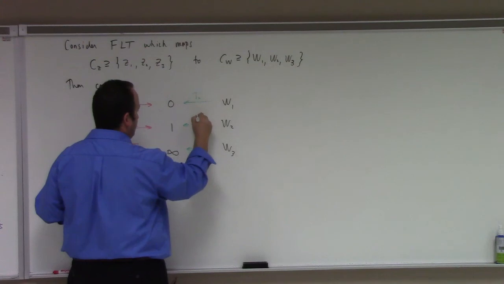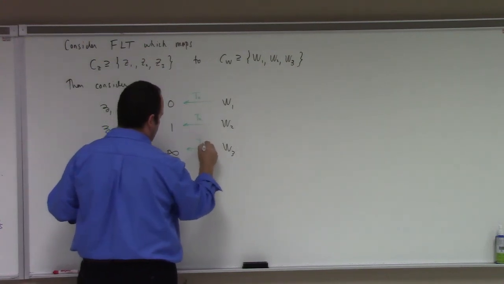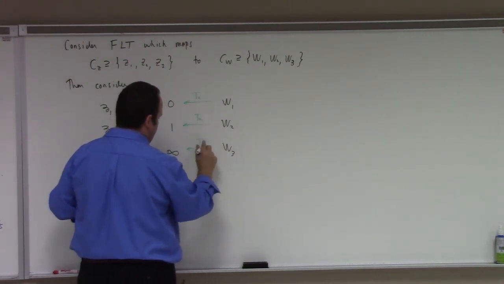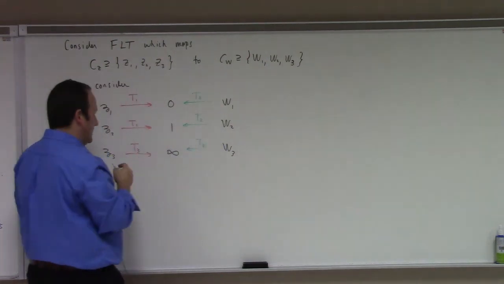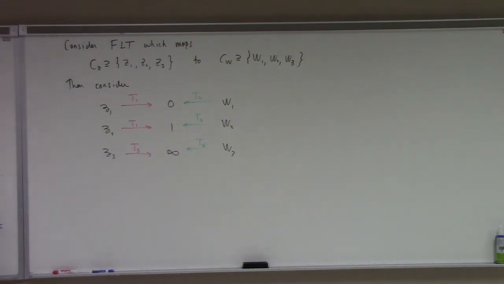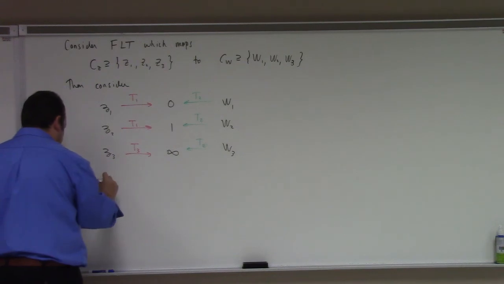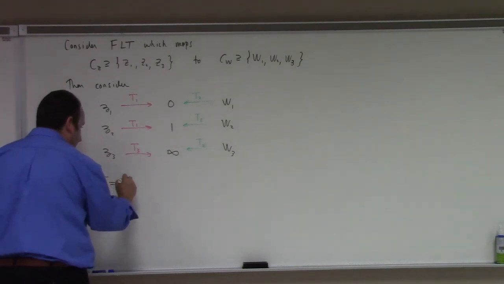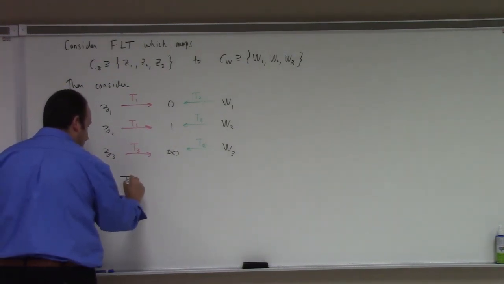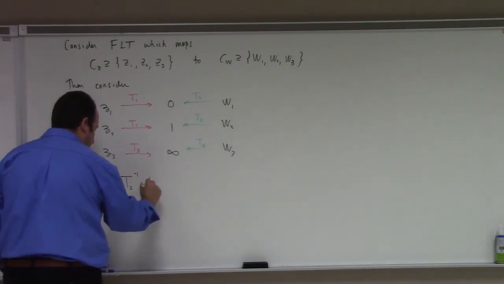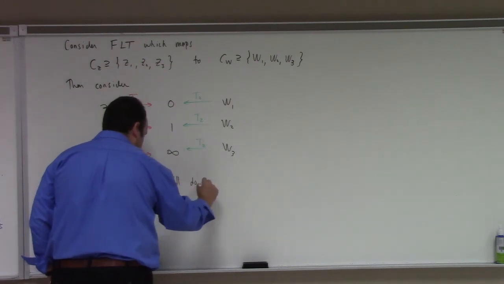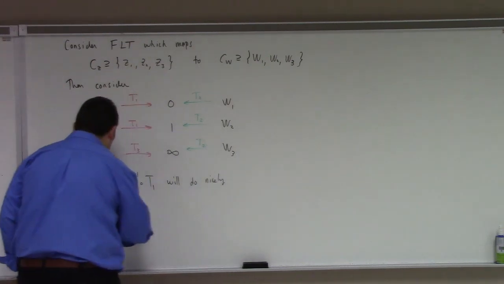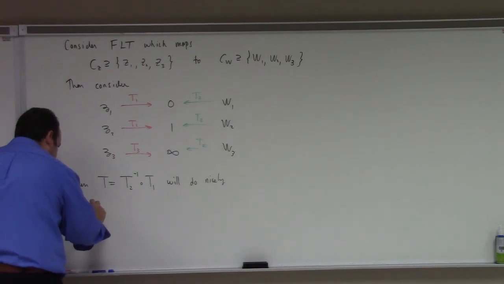So say T2. If I can find two FLTs, T1 and T2, which do this, then we could basically use the following. If we let T equal T2 inverse composed with T1, that will do nicely. Since if we look at T of Z1, what do we get?